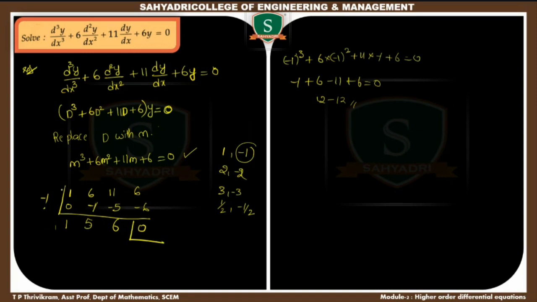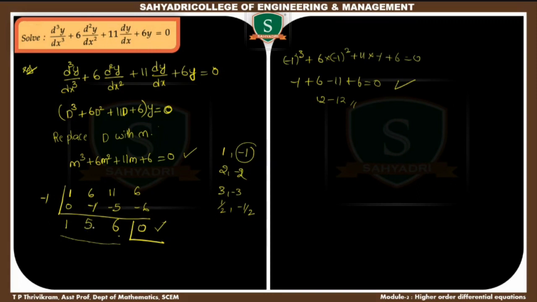If it is a root, then you'll get 0 here. Here only you can verify. If you are not getting 0, it means the selection is wrong, or you made some mistake in calculation while doing the substitution. Now we got the coefficients 1, 5, 6.